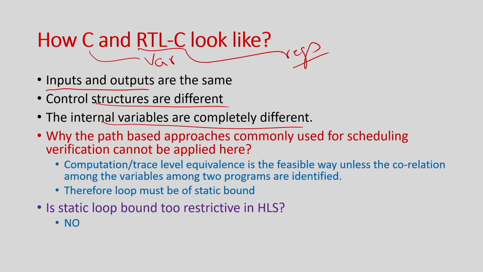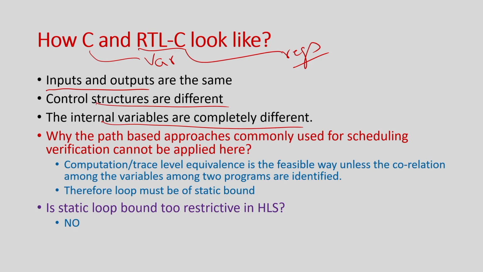Now, remember the path based equivalence checking method that we discussed in the previous class. We said that two FSMDs are equivalent when, for every trace or every computation of one behavior, there is an equivalent computation in the other.